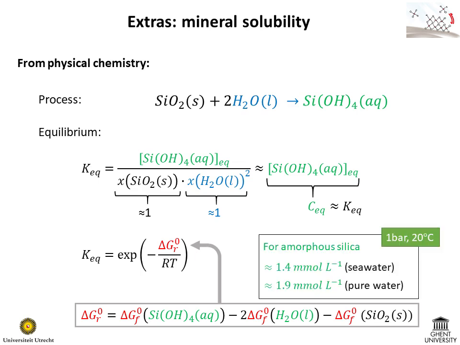When this calculation is performed for water and amorphous silica, one obtains a value of about 1.4 millimoles per liter for silica in seawater and about 1.9 millimoles per liter for silica in pure water. Note that these values correspond to the standard conditions, so the pressure of 1 bar and temperature of 20 degrees Celsius. If you want to calculate the solubility at a different pressure or temperature, you must apply corrections derived from thermodynamics.